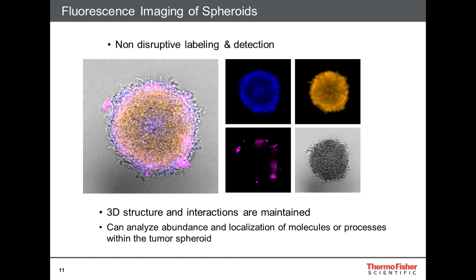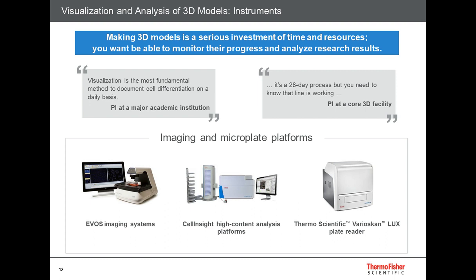And so with fluorescence, we're able to maintain the three-dimensional structure and the interactions between cells in this structure. And using different probes, we can measure the abundance or also the localization within the structure of different proteins or different processes or functions that are occurring within the spheroid. So we'll look at several examples of those when it's time to look at assays and reagents.